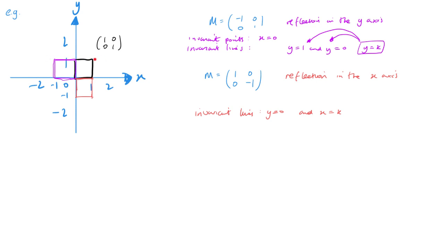So the line is staying the same, but not each individual point, because, for example, this point is going here. So effectively, the y values on this line will stay the same, but the x values are changing. So the invariant line is this line, but for the invariant points, every point on the y-axis will stay exactly the same, the x and the y coordinate.